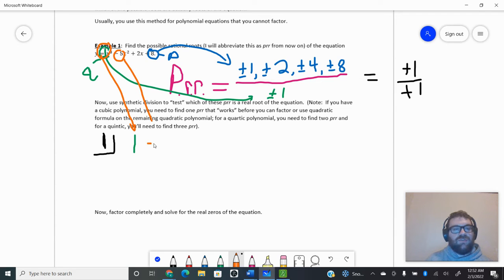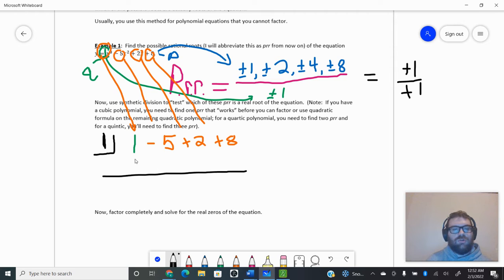So I'll take our minus 5 here, plus 2, and then plus, yes, that is a plus 8. Now I'll draw the line, drop our first number down, and now we start multiplying.